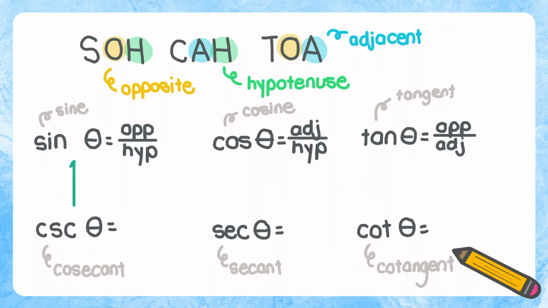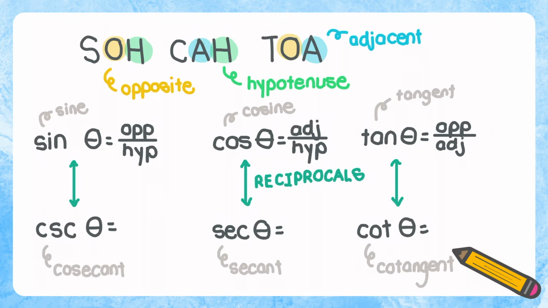So sine and cosecant are related to each other. Cosine and secant are related to each other, and so are tangent and cotangent. So what is the relationship between these trig functions? Well, actually, they're reciprocals of each other.